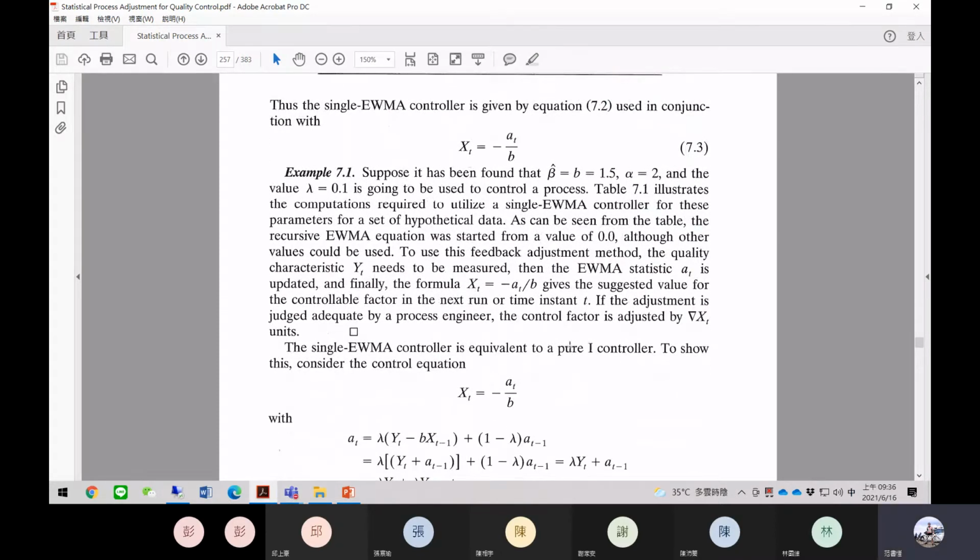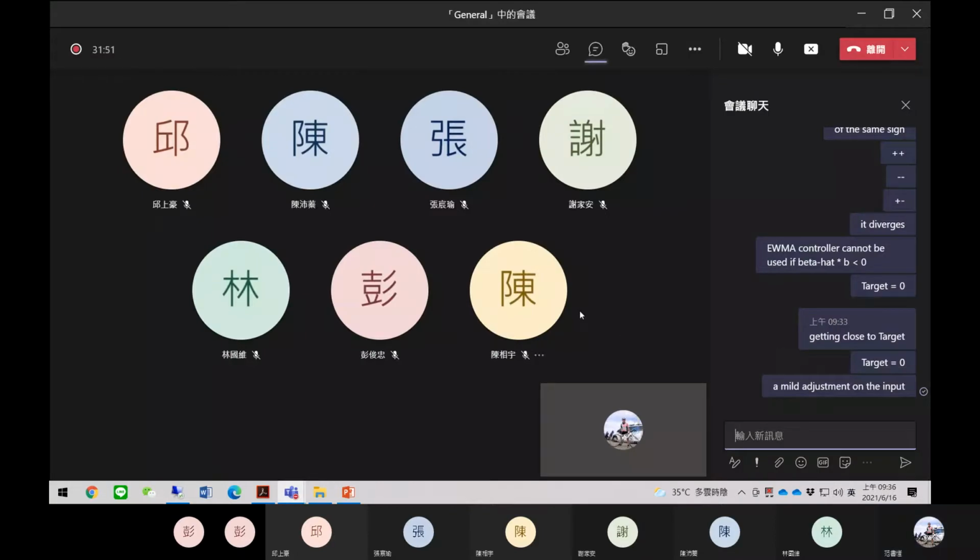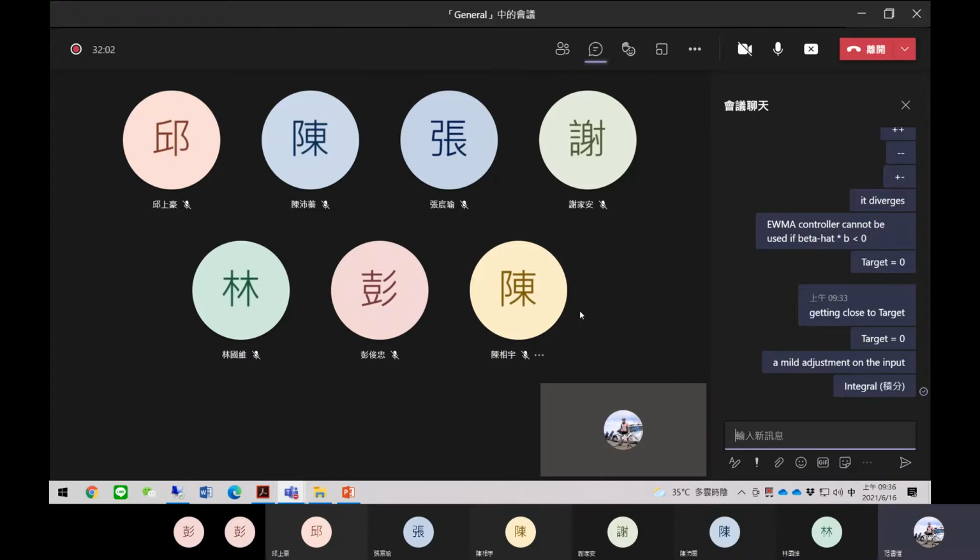Yeah, the single EWMA controller is equivalent to the so-called pure I controller. I is an integral, and this is the integral controller.